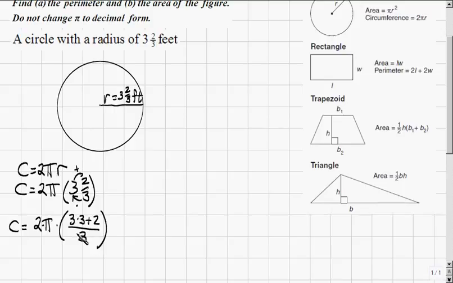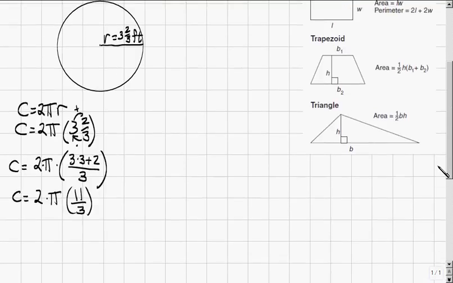Simplifying our fraction now, 3 times 3 is 9 plus 2 becomes 11 over 3, multiplied by 2 times pi. Now, for us to find the answer, let's forget about pi for a few minutes and write that at the very end of our problem. So we're really left with 2 times 11 over 3 with a pi at the end.